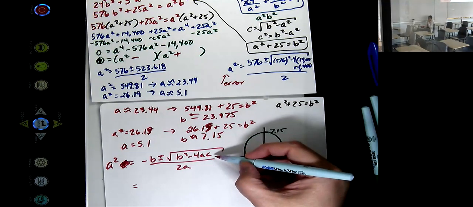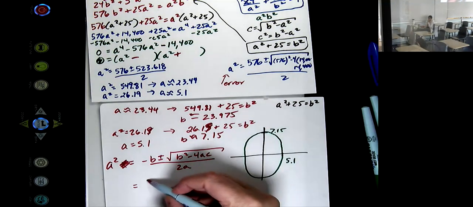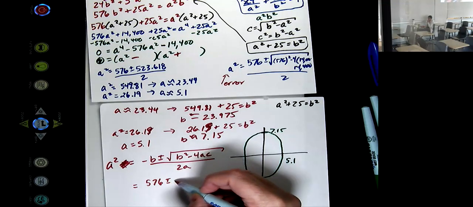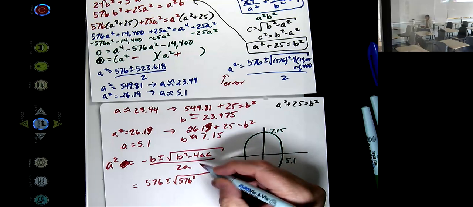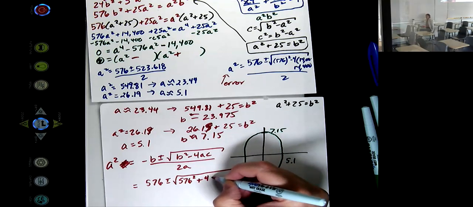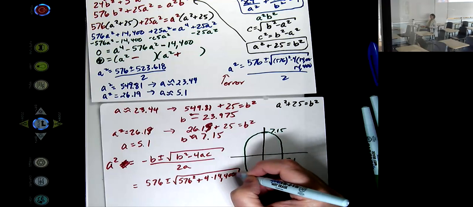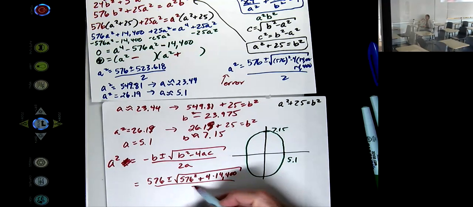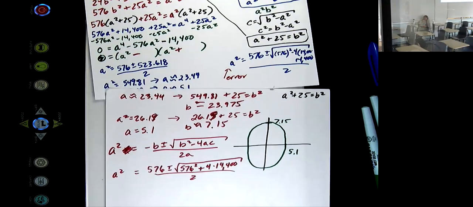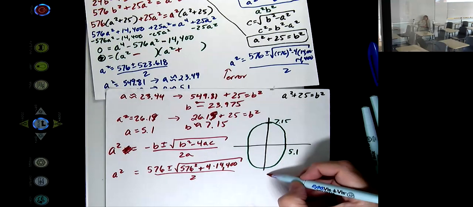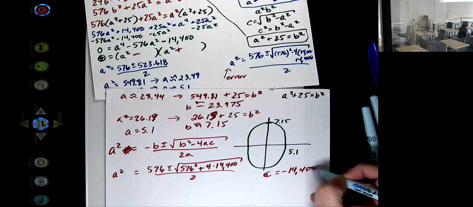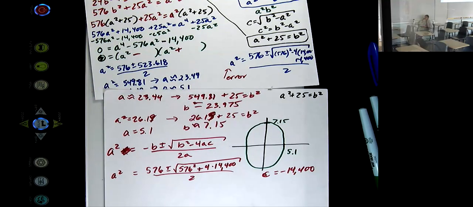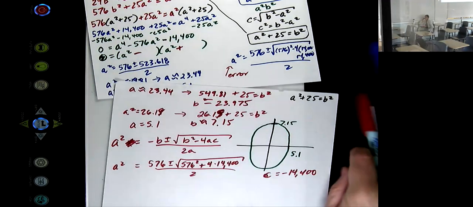C is negative. This should have been 576 plus or minus the square root of 576 squared plus 4 times 14,400. That's where I messed up. I had minus, but C is negative, so that cancels out the minus there. That's what I did wrong.